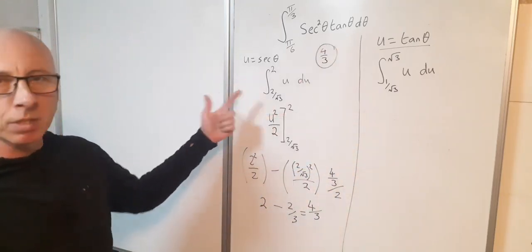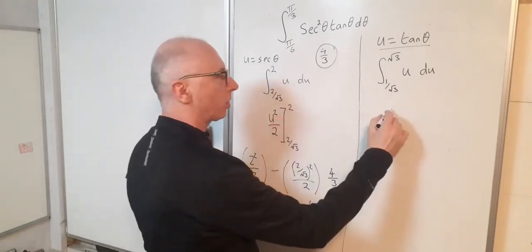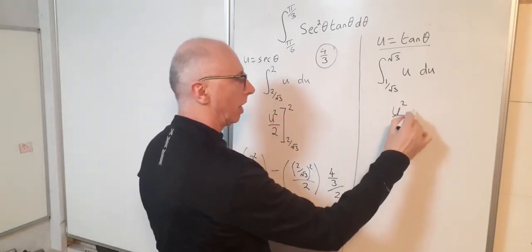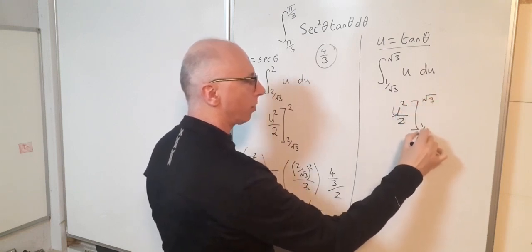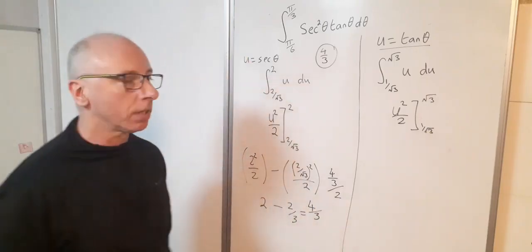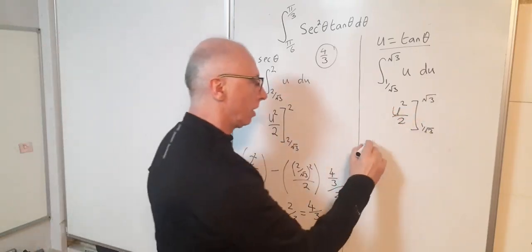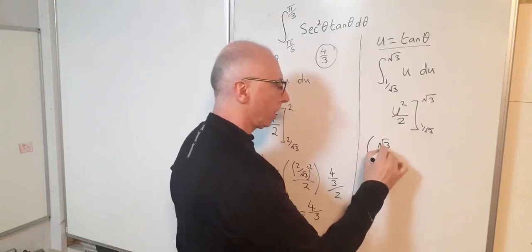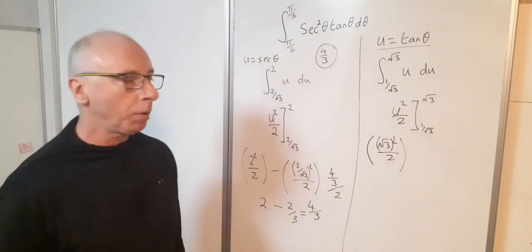But we've got different parameters. Let's see what happens. We've got the same result, u squared over 2, and then we've got root 3 and 1 over root 3 as our parameters. Let's put this in just as we did here. So now we've got root 3 squared over 2 as our upper boundary.